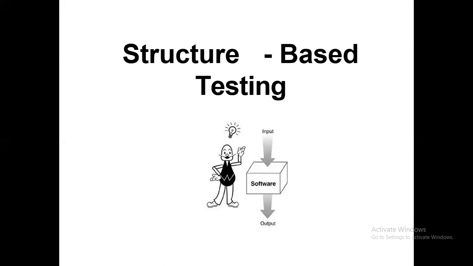Usually we can call white box testing structure-based testing, because we mainly test the structure of the code, the structure of the software. We have many different white box testing techniques.